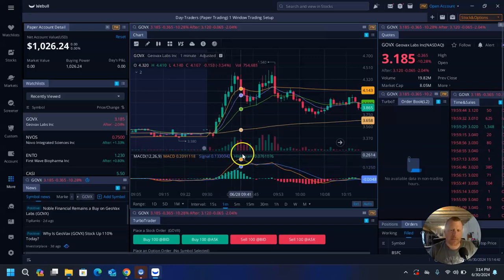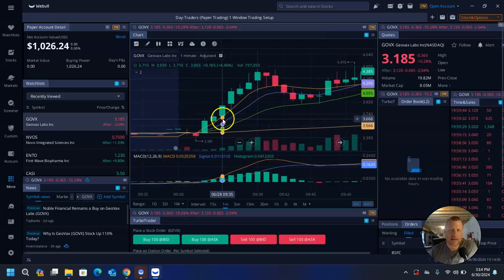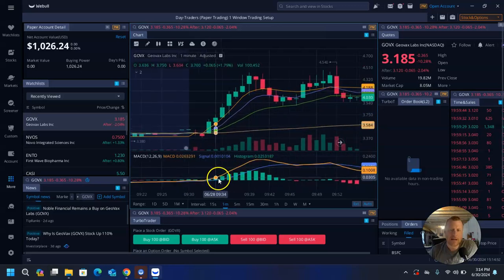Anytime this line is above here, this is a good point to get in a trade, possibly. And obviously I still need to look at other factors, but you can see here, if I would have gotten in down in here or on this micro pullback right here, I would have been able to make a pretty good gain on this trade. I want to be on the front side.